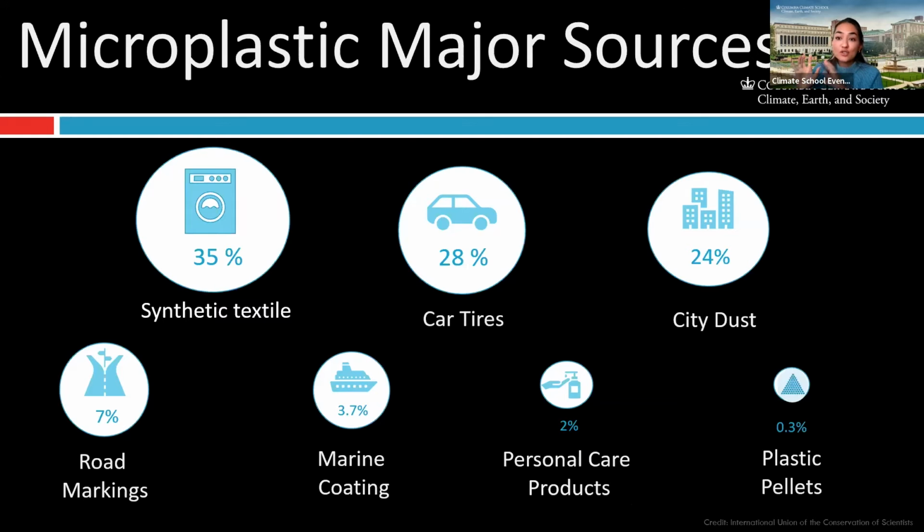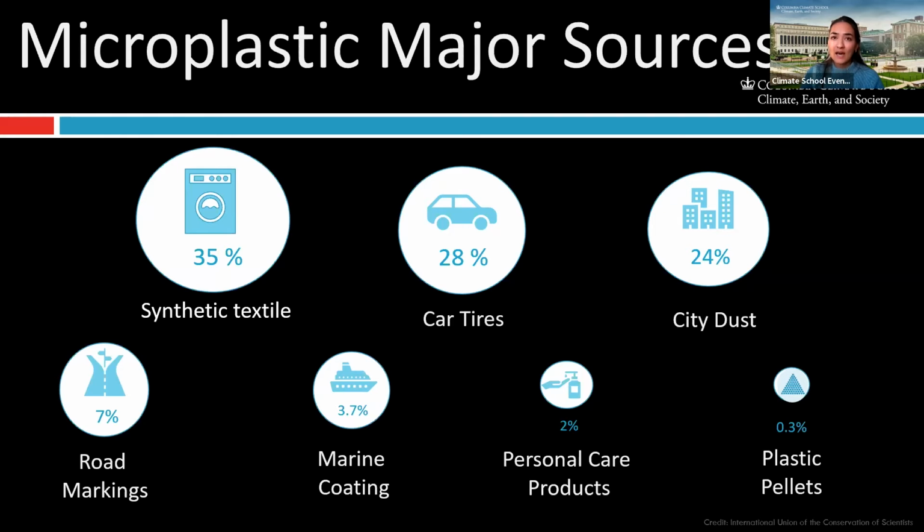So the major sources of microplastic can be outlined in this data bubble. You can see most of our microplastics are coming from synthetic textiles. So your clothing, that's really something that we all can think about as consumers of clothing, ensuring that we're purchasing things from brands that are sustainable, potentially using recycled materials, recycled water bottles, but also our practices of washing.